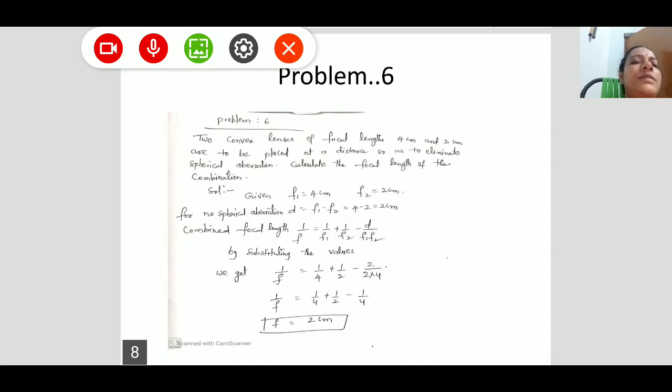Calculate the focal length of the combination. He is asking about focal length, but the problem is based upon two convex lenses placed at a distance to eliminate spherical aberration. Spherical aberration means the same formula we just discussed.